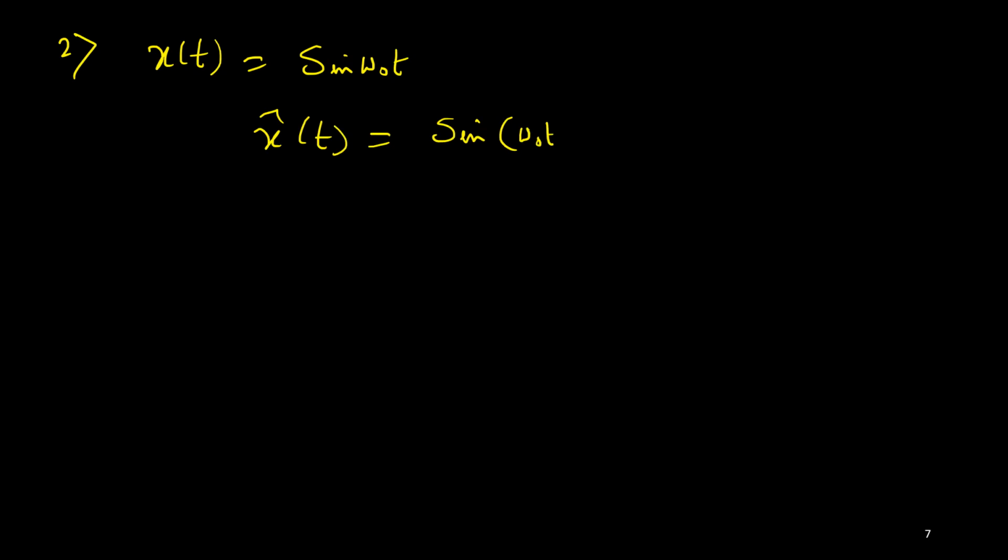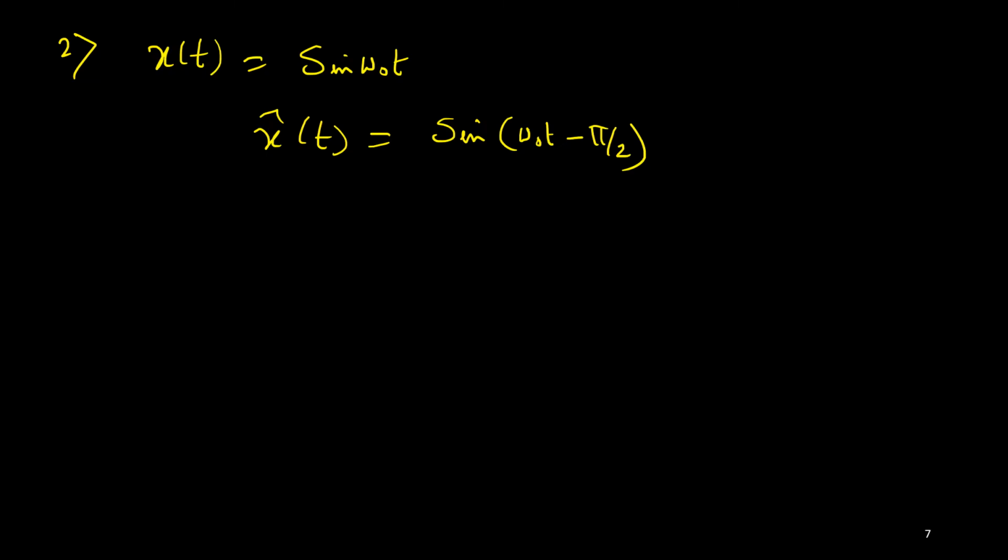Similarly, if x(t) is sine omega naught t, in that case x cap(t) will be sine of (omega naught t minus pi by 2). That is important.